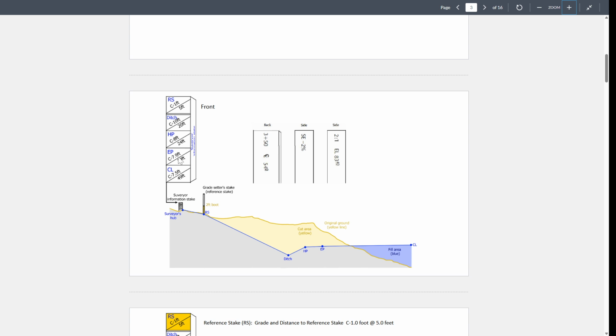To the center line, edge of pavement is 29. So that's 20 feet, ladies and gentlemen. 29 from 49 is 20. So this horizontal distance is 20, and we got 0.4 there.